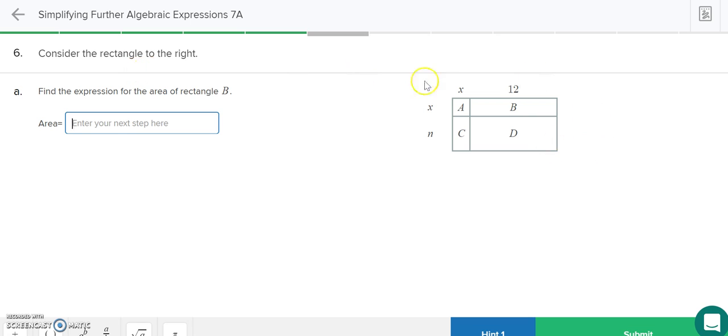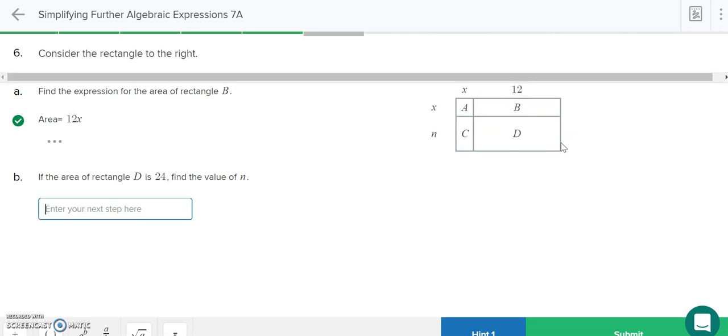This question wants me to look at this rectangle over here, and they want me to find an expression for the area of rectangle B, which is this one here that I'm pointing to. So that's going to be the length, which is 12, multiplied by the width, which is x. So for that one, I'm just going to type in 12 lots of x. It then says if the area of rectangle D is 24, find the value of n.